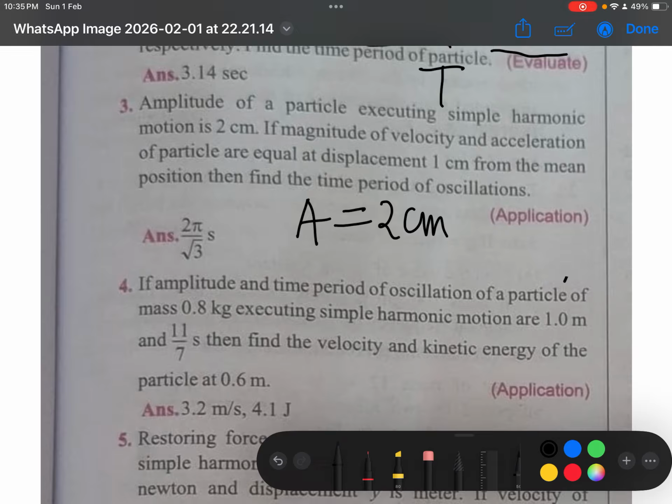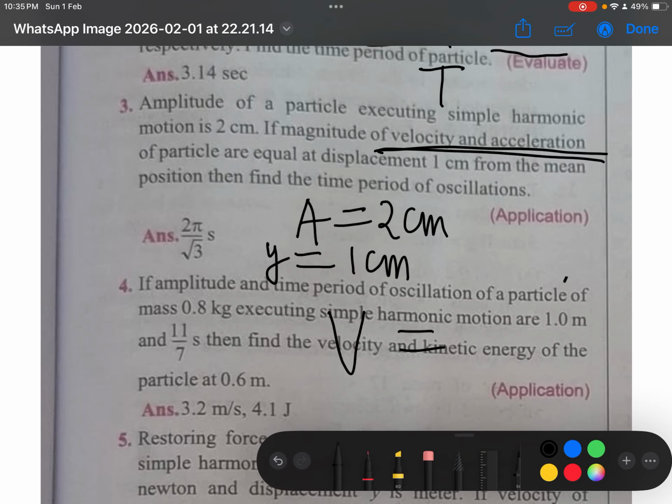If the magnitudes of velocity and acceleration are equal at displacement 1 centimeter from the mean position, meaning in the question it is said that when y equals 1 centimeter, velocity and acceleration are both equal. You have to find the time period of oscillation. It is clear. What is given? A is given 2 centimeter, and when y equals 1 centimeter, v and alpha are both the same.